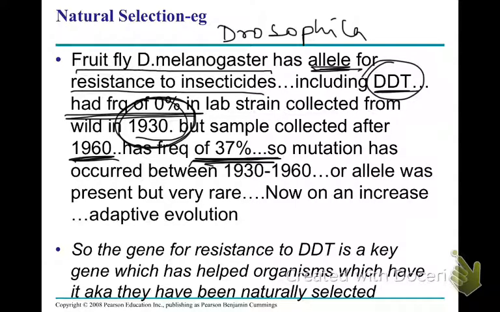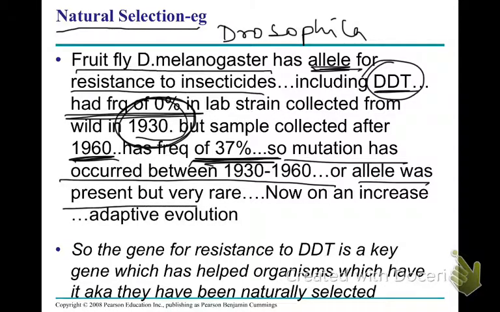So that means the population has definitely evolved. The Drosophila with the resistance gene has been naturally selected, and so a big chunk of the population has those resistance genes. This is because the mutation has occurred between 1930 and 1960, or maybe the allele was present but it was very rare, but it is now on an increase.